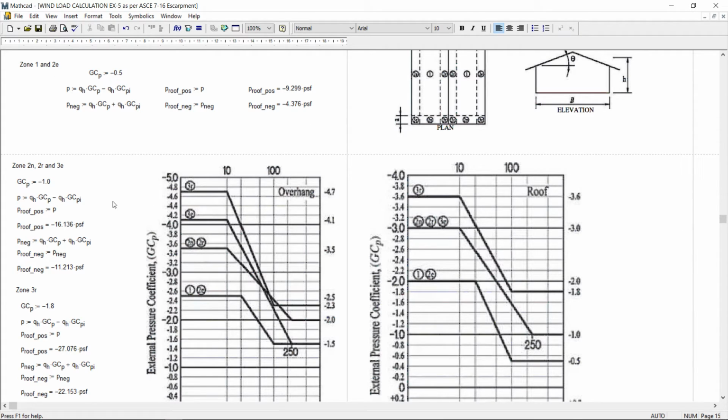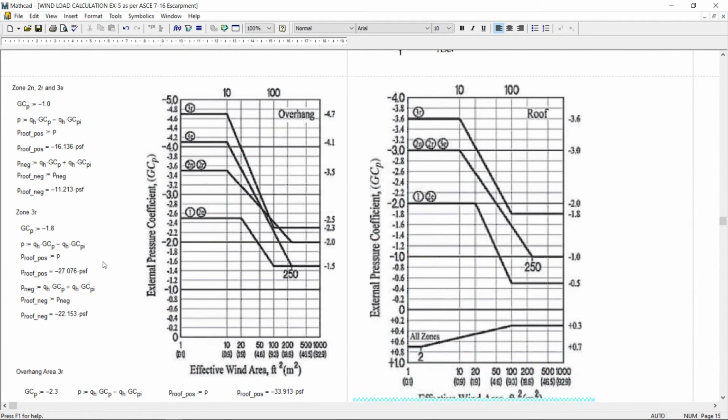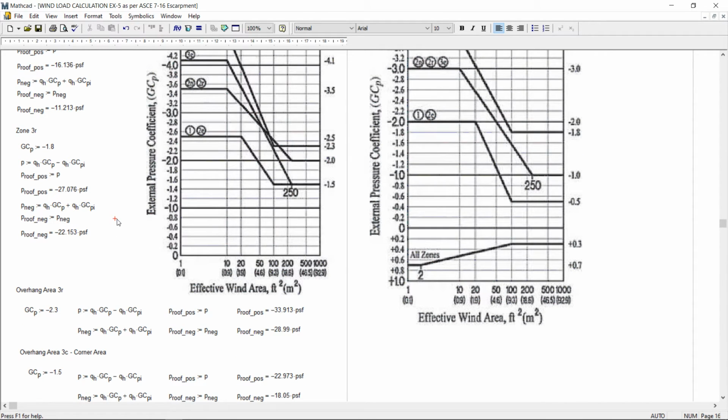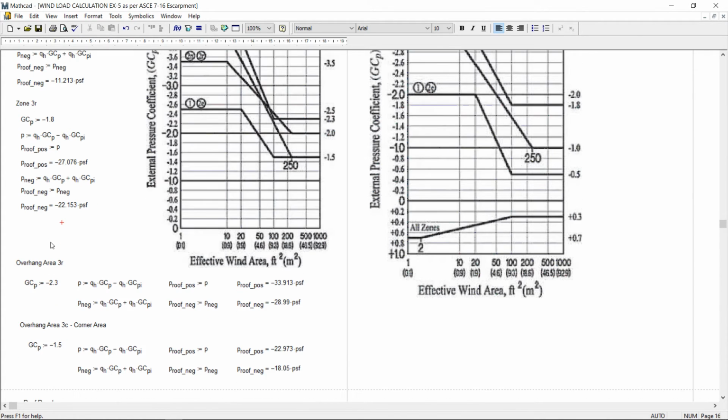The same method is used for zones 2n, 2r and 3, etc. All these zones and the overhang area are calculated with the same technique. Just as a method of repetition, one can go and check the values, take the values of GCp and put them in the formula, and so he will get the positive and negative pressure.